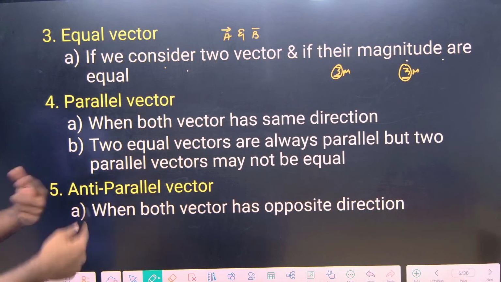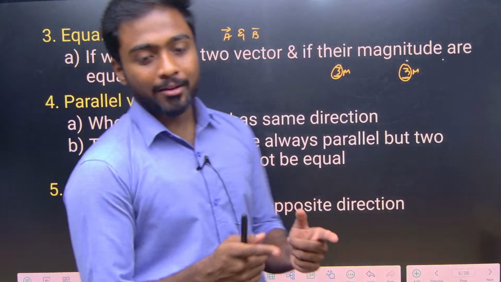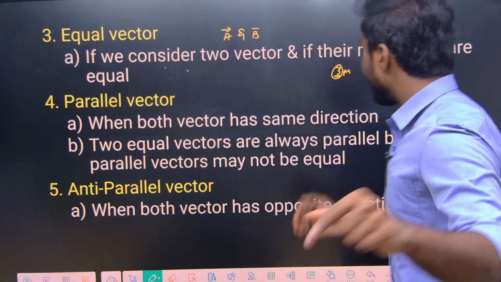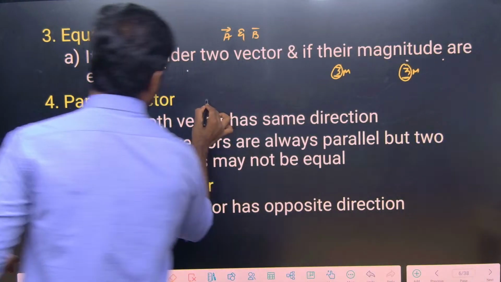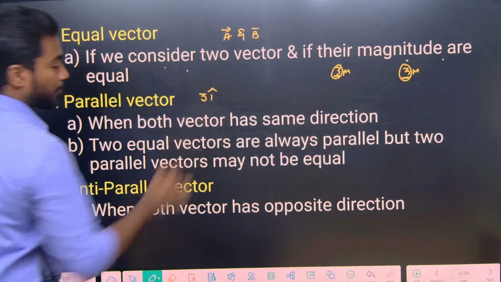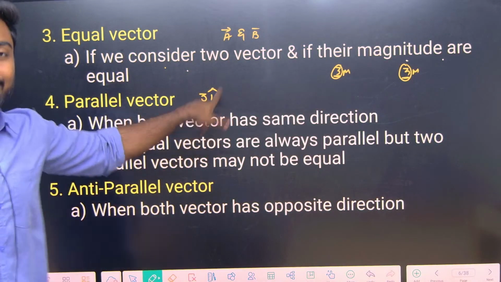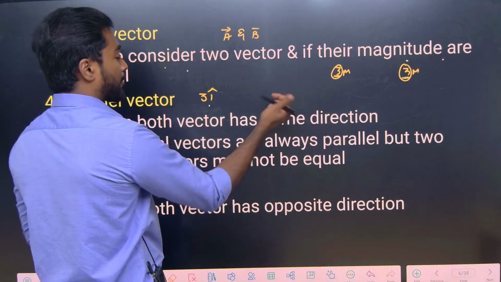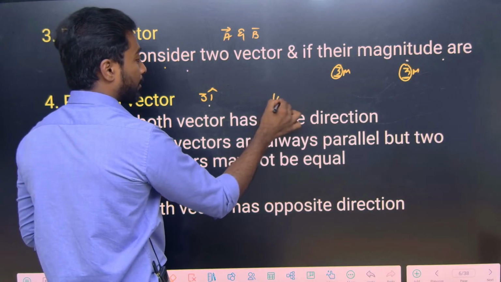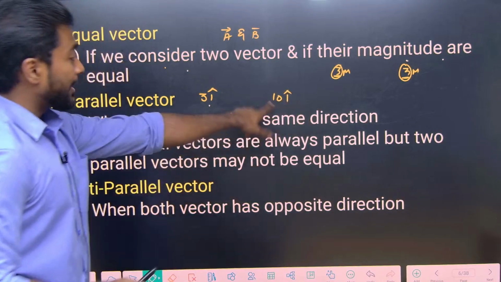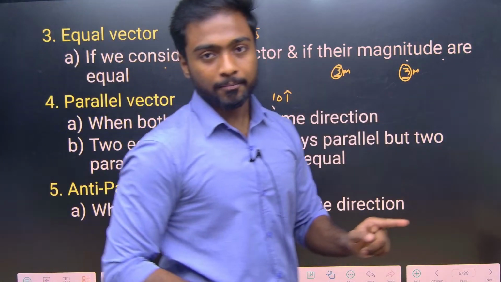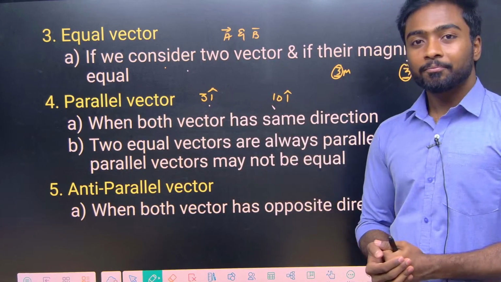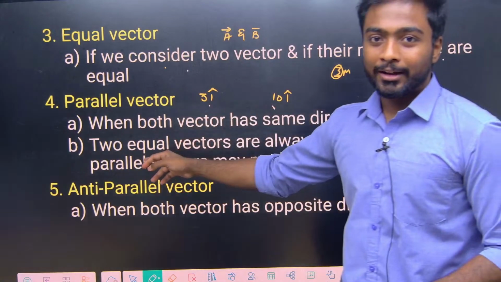Then a parallel vector means both vectors travel in the same direction. 3 i cap is in the x direction, and 10 i cap is also traveling in the x direction. When both have the same direction, it is a parallel vector.